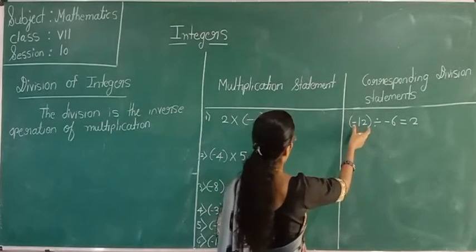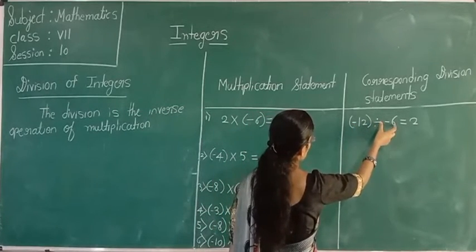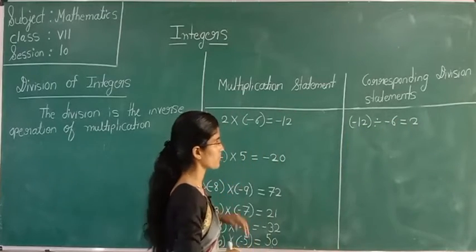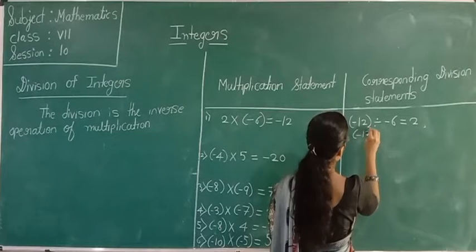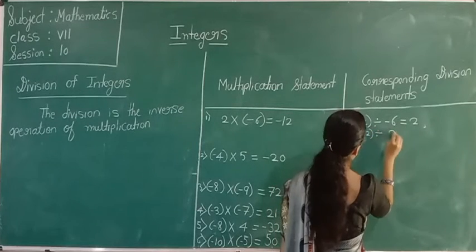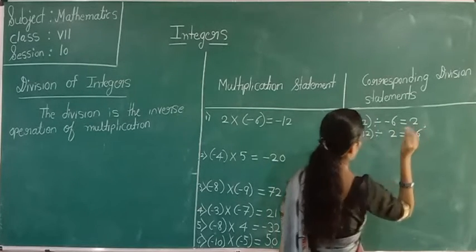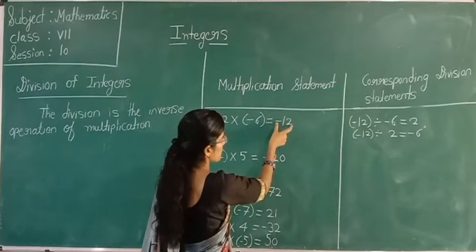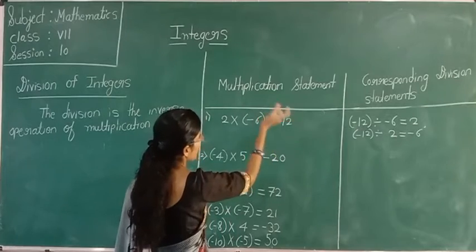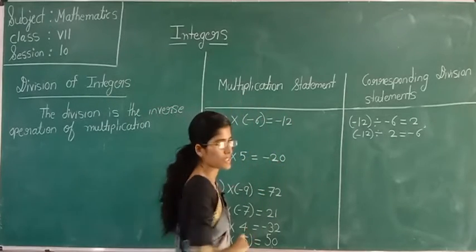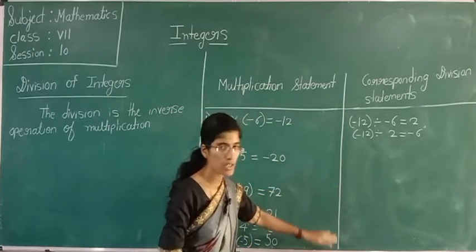Minus 12 divided by minus 6 is 2. Now minus 12 divided by 2 is nothing but minus 6. In the same way we will continue this.